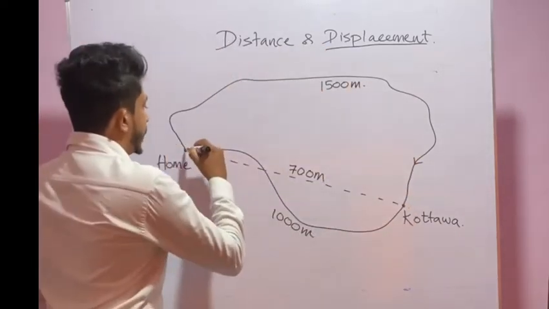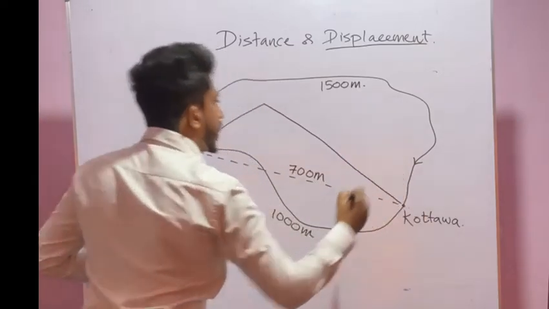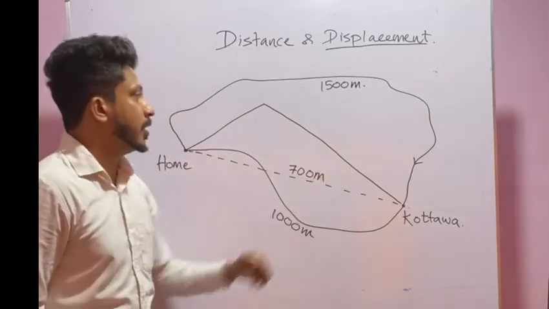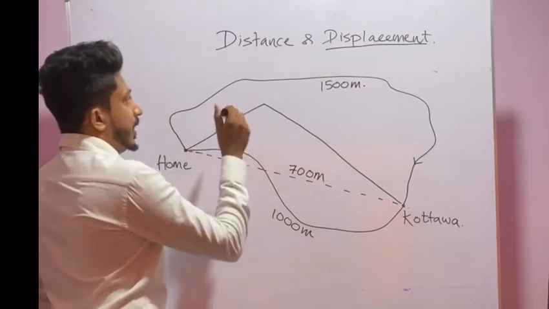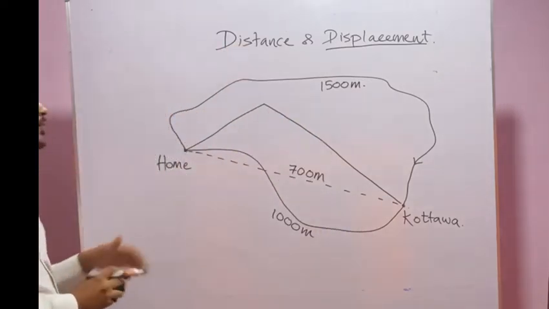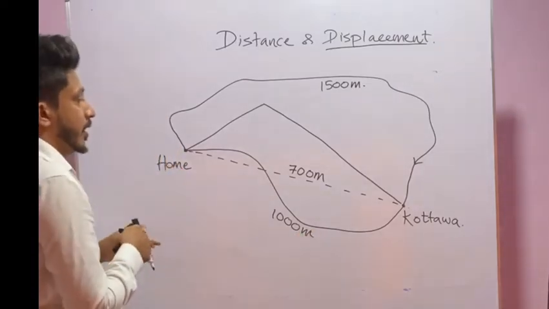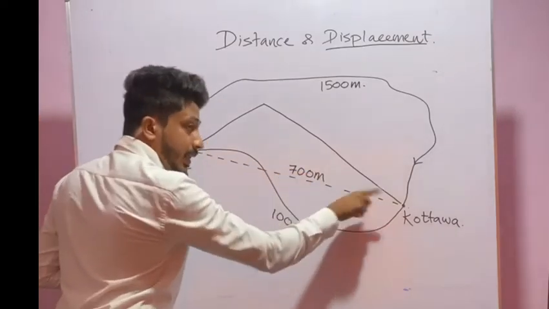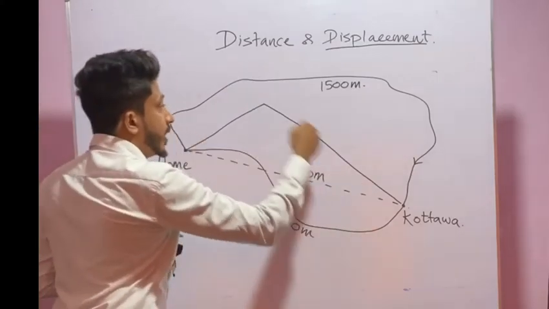What about this one? This has straight lines, this has straight lines, so is this displacement or distance? Definitely this is distance. I told you, if I connect these two places with one straight line, that is the displacement, not with two straight lines.